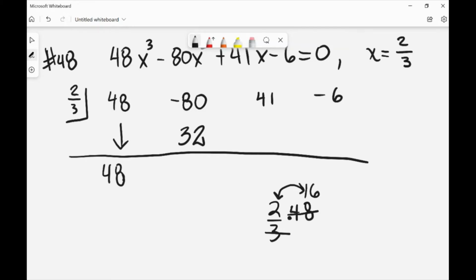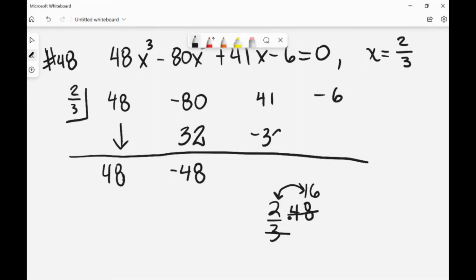Now we add negative 80 and 32. What do we get when we add those two numbers? Negative 48. These are big numbers, huh? Now, again, the only thing that changed was the negative, wasn't it? Okay, what should we get now? Negative 32.